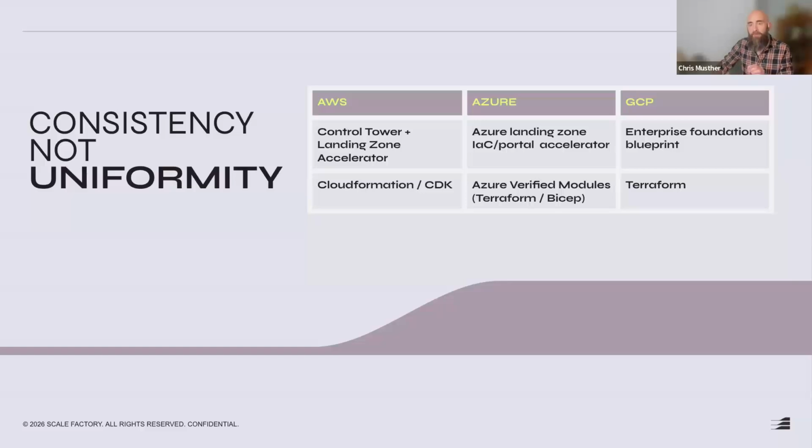And in GCP, you have landing zone design guidance and blueprints to build that cloud foundation. They have various bits of guidance around what identity should look like, what resource hierarchies should look like, and how networking and security should be layered onto those.